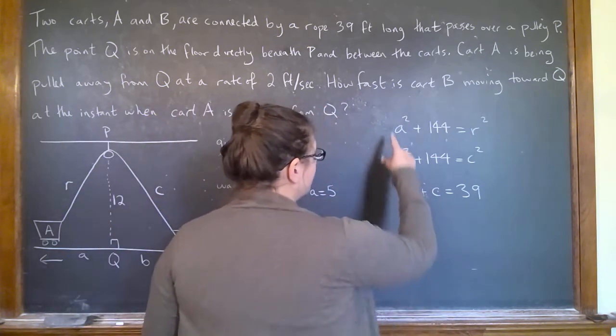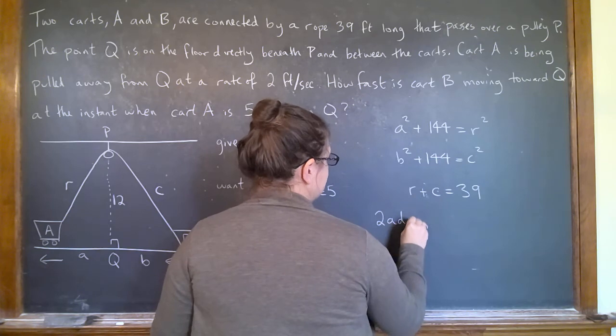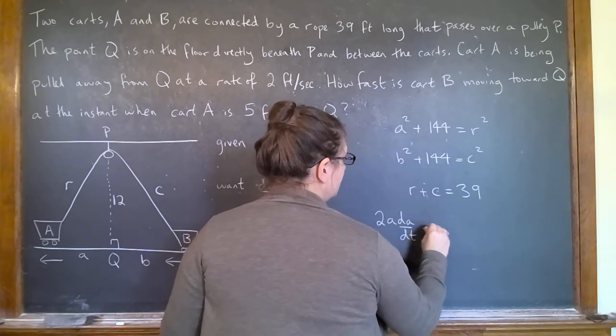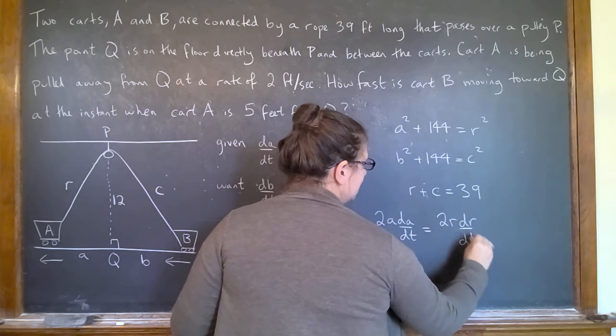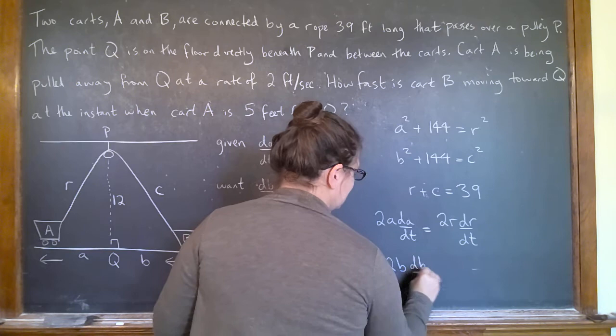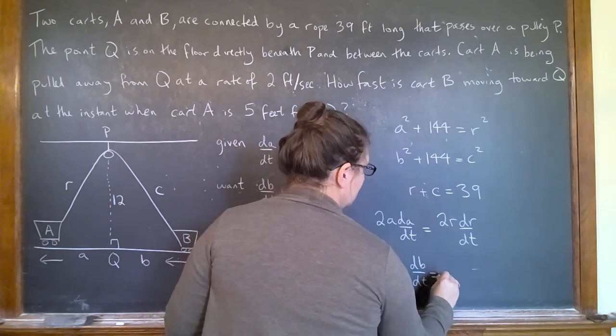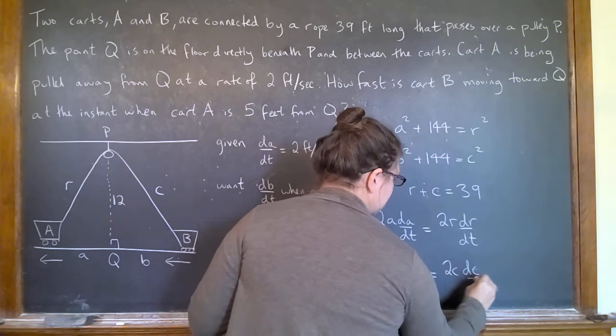If I take the derivatives here, I have 2A dA/dt equals 2R dR/dt, and 2B dB/dt equals 2C dC/dt, right?